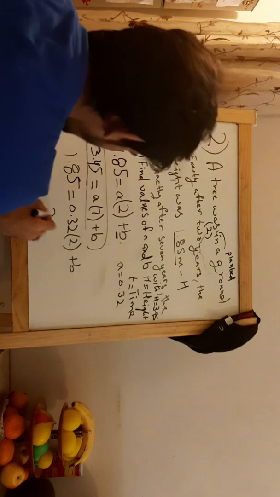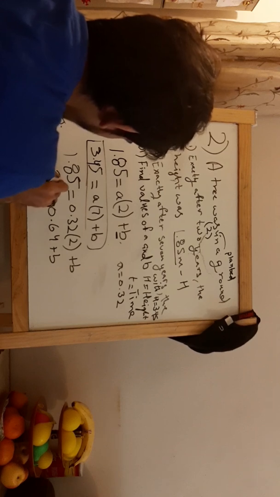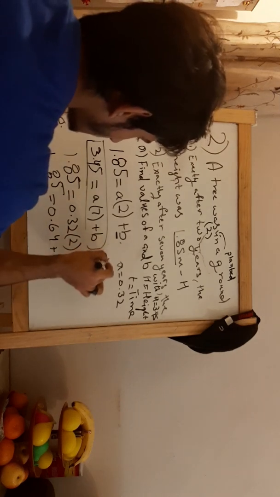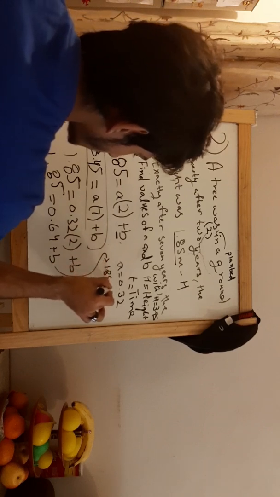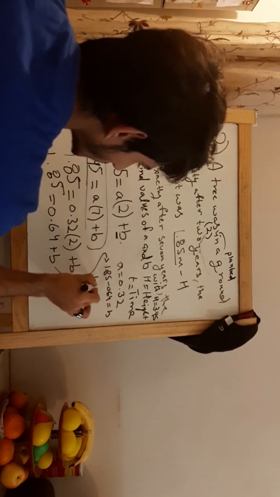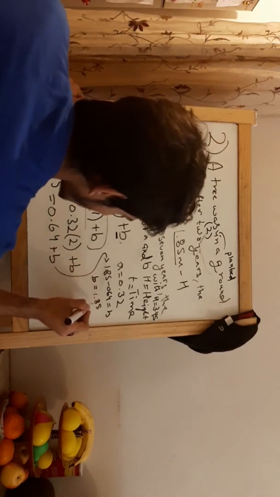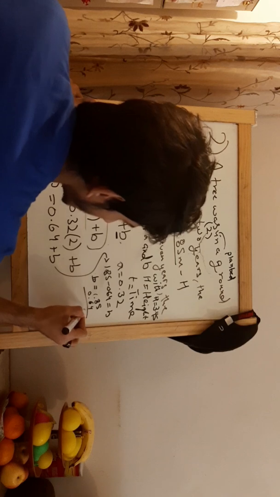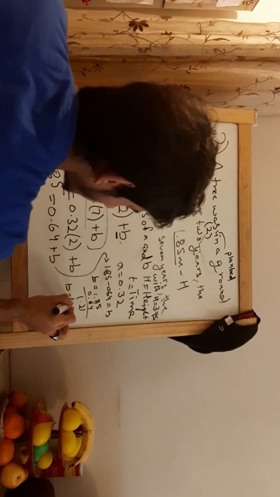It will give us 0.64 plus B equals 1.85, and then we'll just take it on the other side: 1.85 minus 0.64 equals B. B equals 1.21.